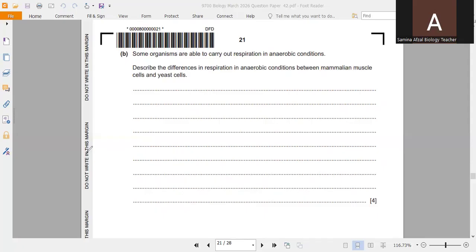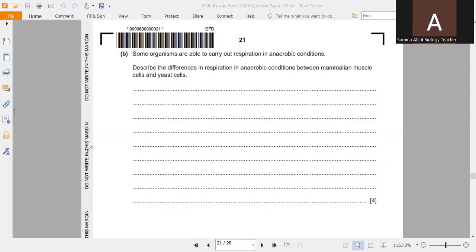In the mammalian muscle cells, pyruvate is converted to lactate, which is reversible, and lactate can be converted back to pyruvate in the liver, whereas in yeast cells, the process is irreversible because carbon dioxide is lost, with decarboxylation and the formation of carbon dioxide. So these are the major differences between both of these processes.